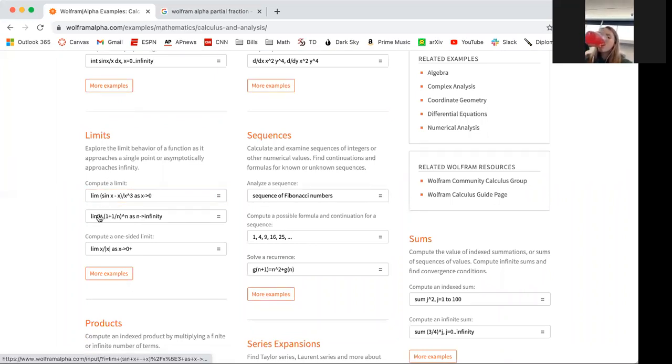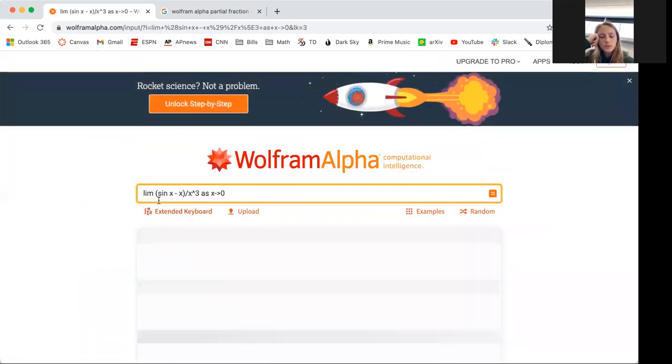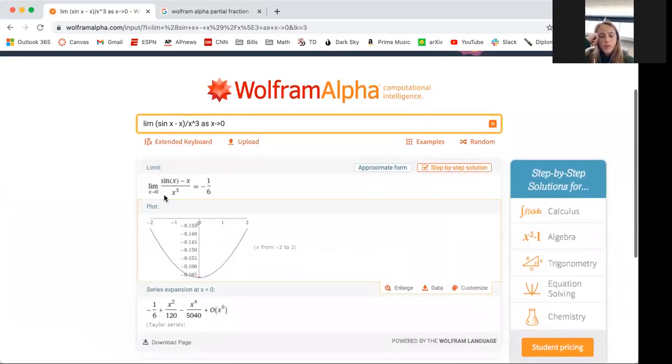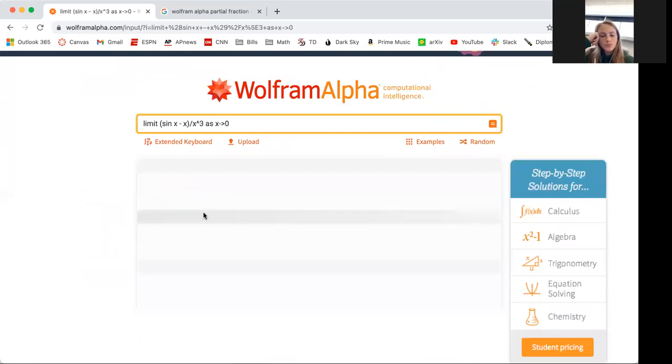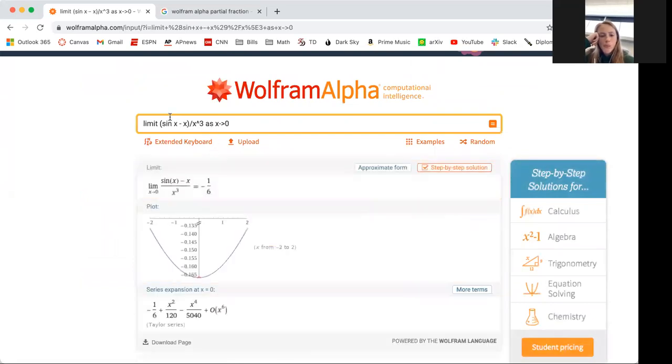So we can write lim or limit, and then as the variable does whatever we want it to do. So if we want this limit, sine x minus x over x cubed, we would write in lim, or limit would also do the same thing, our function as x goes to 0. And now we don't have to find that particular page, we can just type it in.